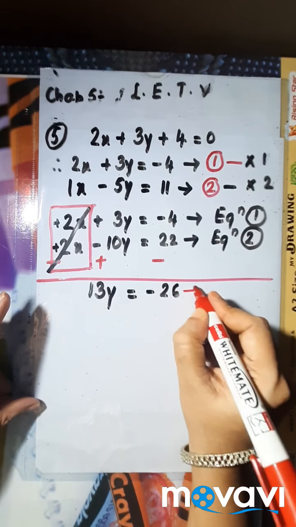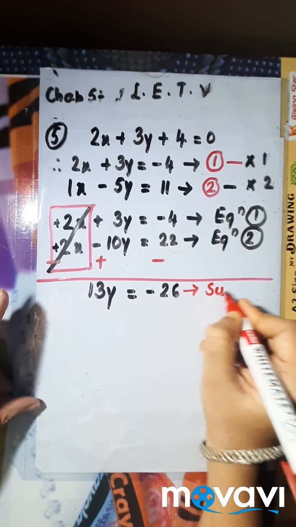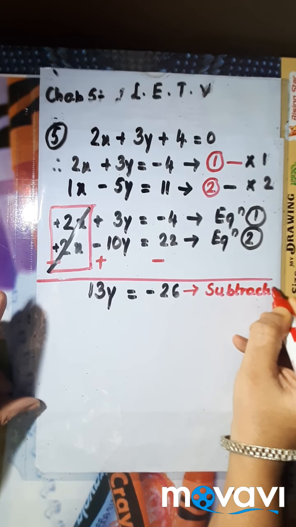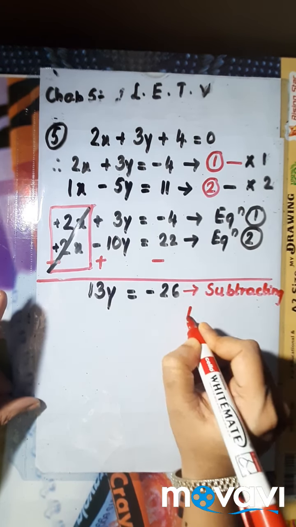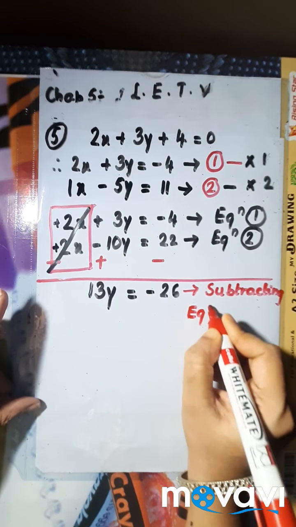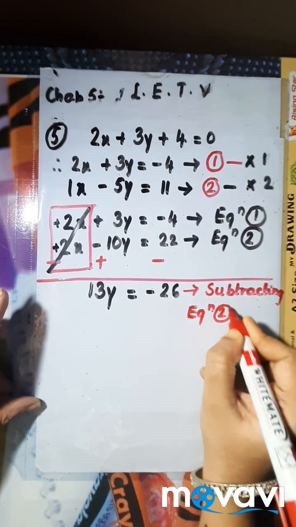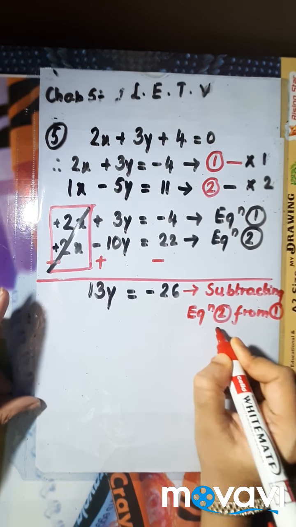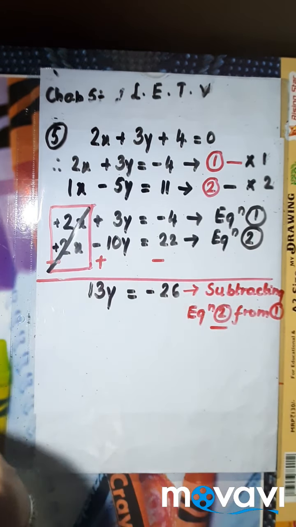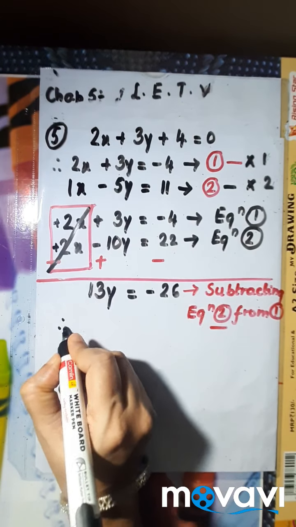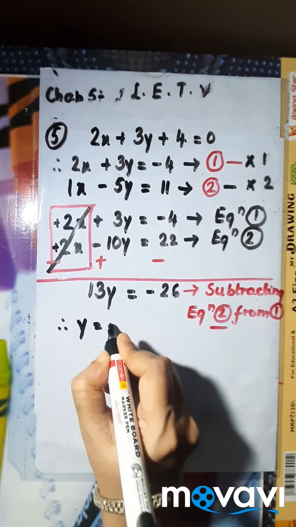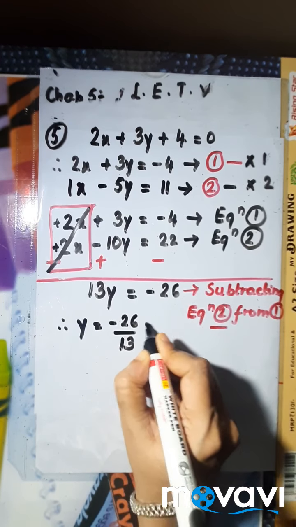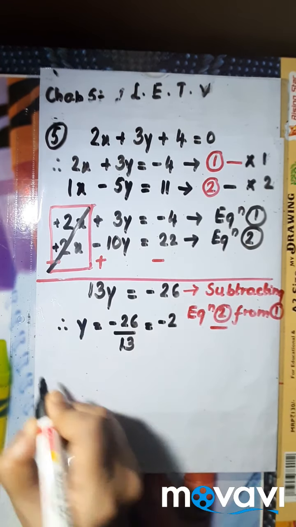Subtracting equation 2 from 1, so I change the signs of 2. Therefore, y is equal to minus 26 upon 13, which is equal to minus 2.